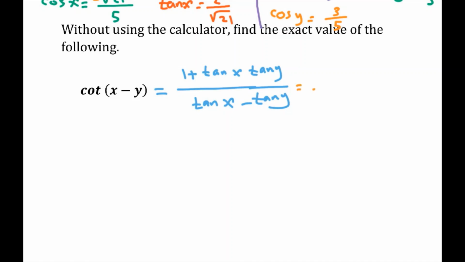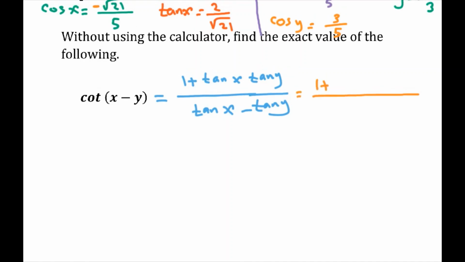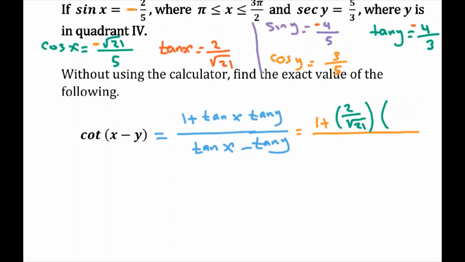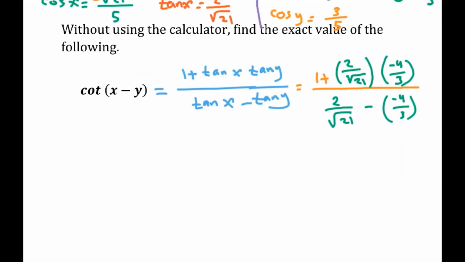And that's going to be equal to 1 plus tangent x as 2 over square root of 21, and tangent y is basically negative 4 over 3, over 2 over square root of 21 minus negative 4 over 3. So now let's simplify this.